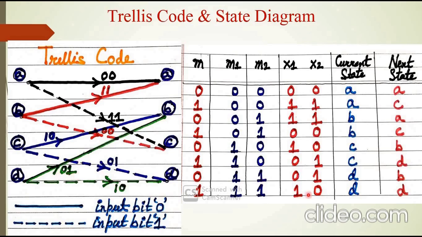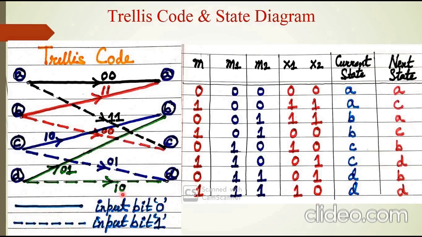Okay. If the current state is D and the input is 1, then the next state will be D and the output is 1 0.